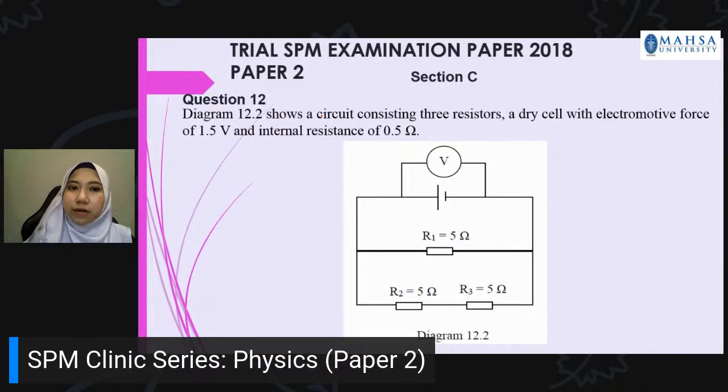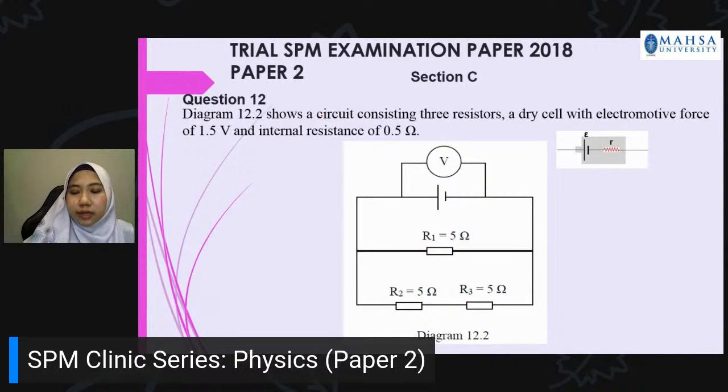For this question you need to consider the internal resistance in your calculation, because you are given its value. The internal resistance is the resistance within the source of the battery, due to the electrolyte.